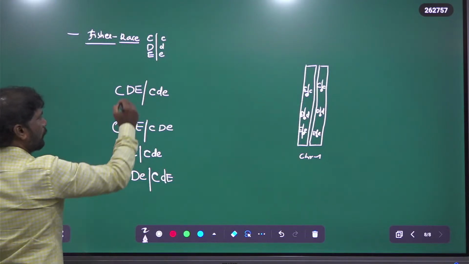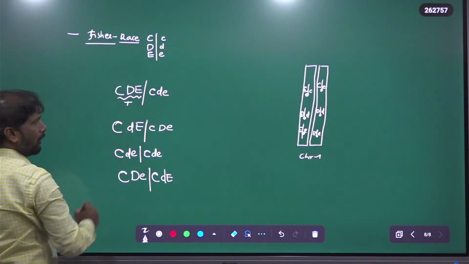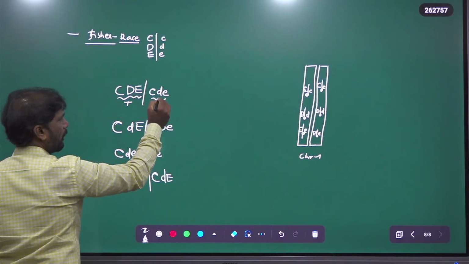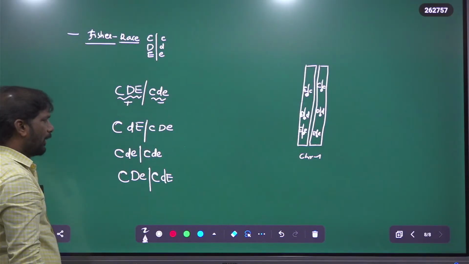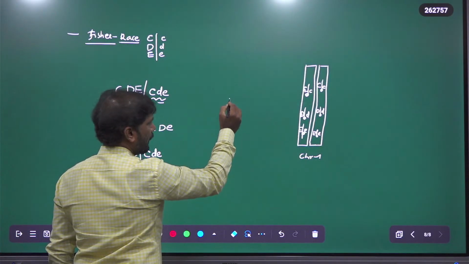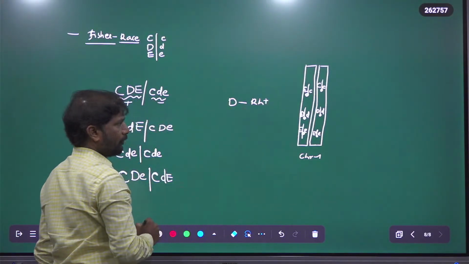In this, D is nothing but known as positive. Where all are small letters, this is known as the negative condition. So where capital D is present, it indicates Rh positive.